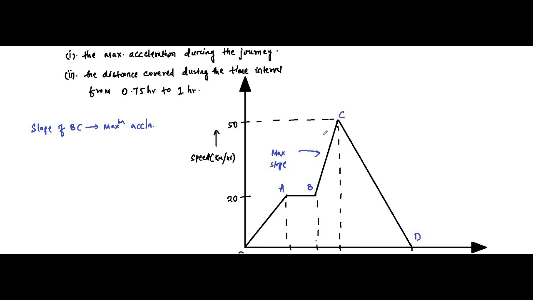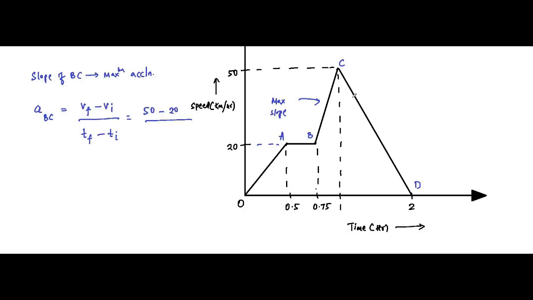So the acceleration during BC is final velocity minus initial velocity over final time minus initial time. Here the final velocity is 50 kilometers per hour, the initial velocity at this point B is 20, the final time for BC is 1, and the initial time at B is 0.75.